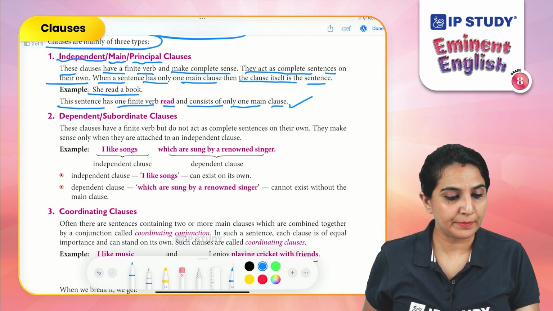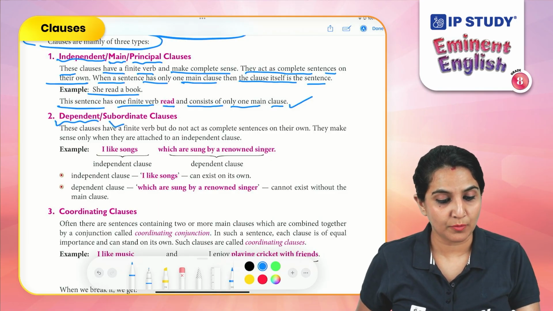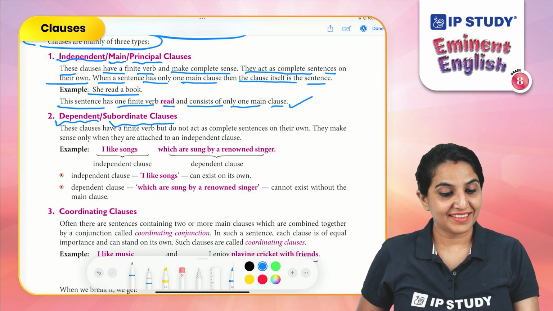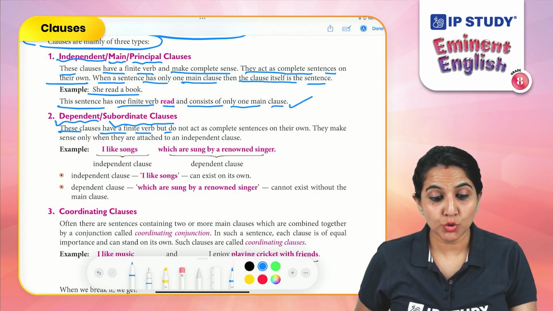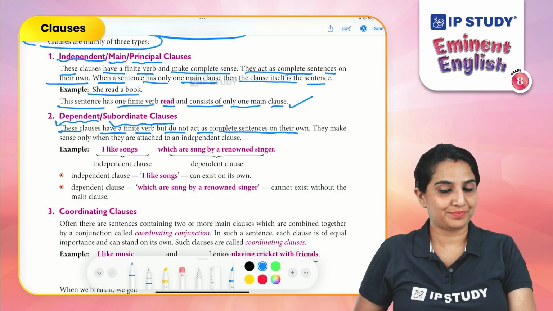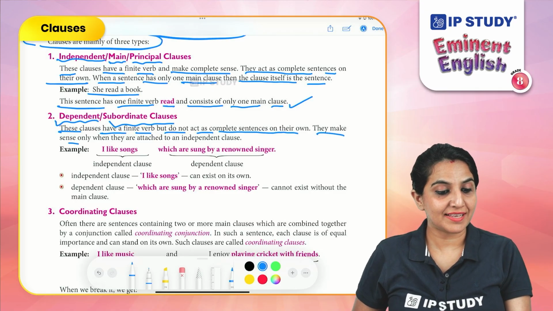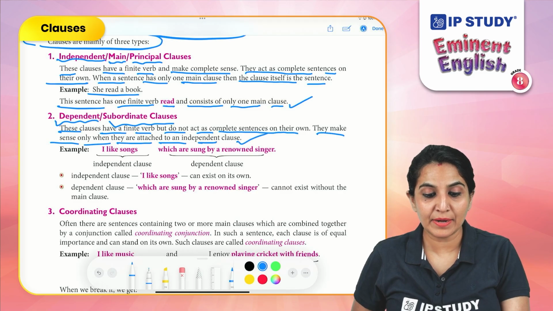Now, what are dependent clauses? Dependent clauses can also be called subordinate clauses. These clauses have a finite verb but do not act as complete sentences on their own. They make sense only when they are attached to an independent clause.